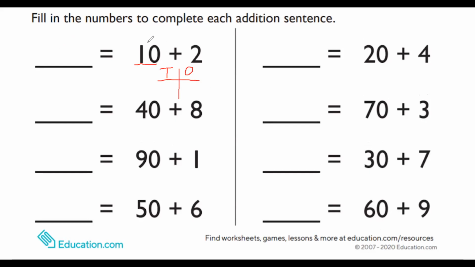I have 1 ten because this is just 10. So I will write 1 here. How many ones do I have? I have 2 ones. So I will write 2 here. So what is the number? The number is 12. So I will write 1, 2, 12 here. Like this. And then after doing this, you will erase this. And this is the answer. So like this, you will do all the questions in this worksheet.